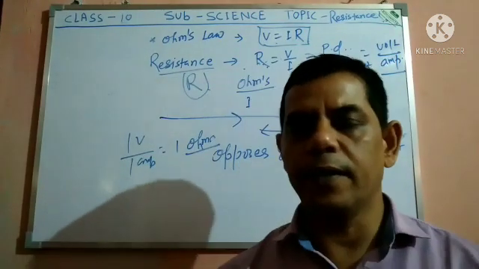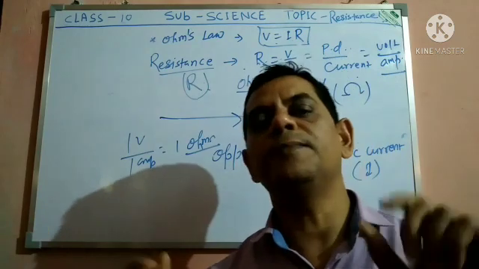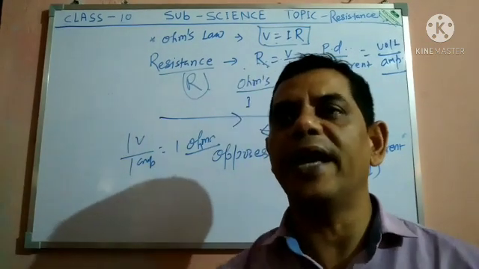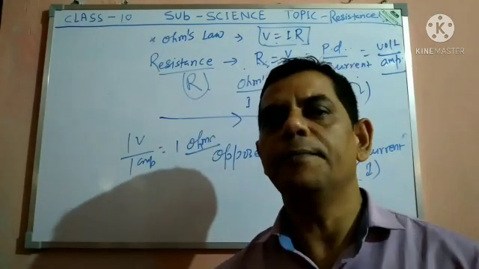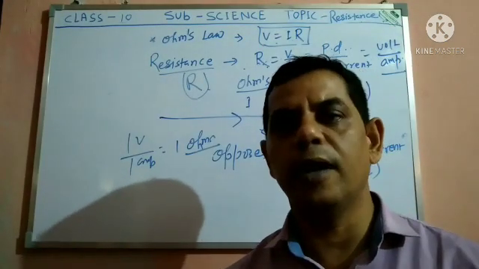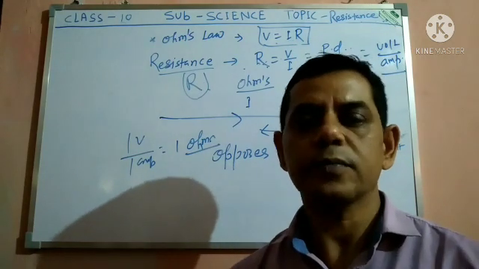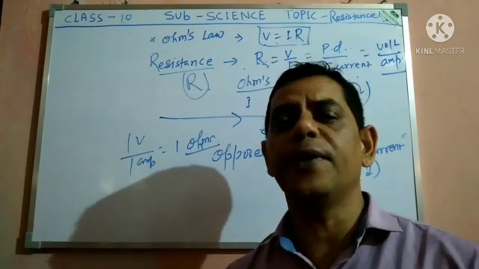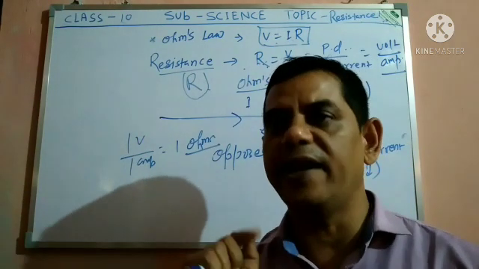In this chapter we now discuss the conductor. Resistance depends on the material. In a wire, inside is metal, copper wire, iron wire or aluminum wire, and the upper cover is rubber. It depends on the size of the material inside, the conductor.